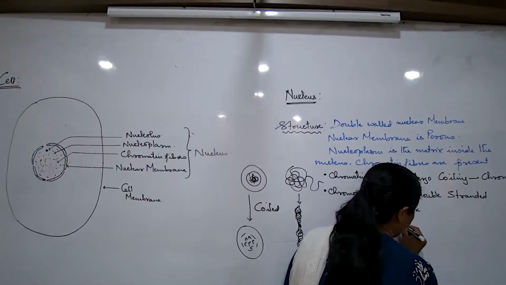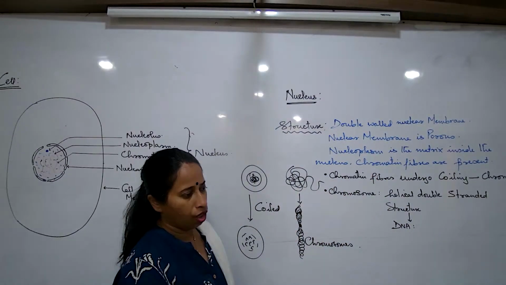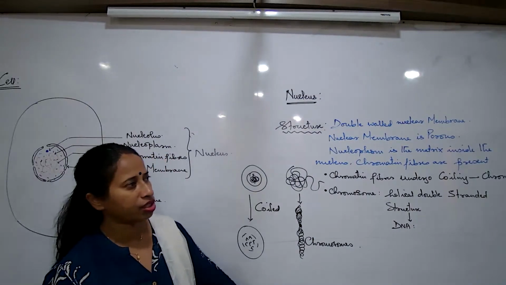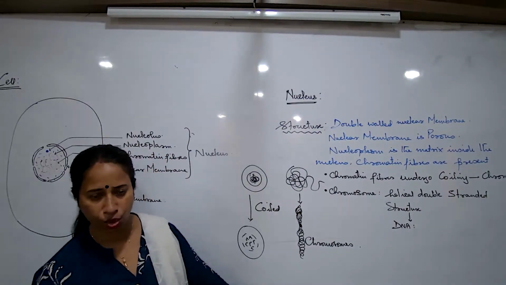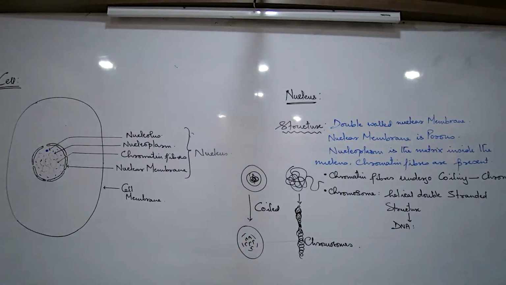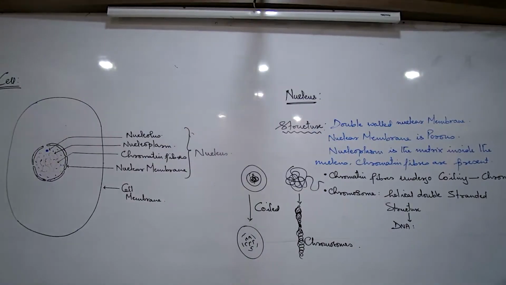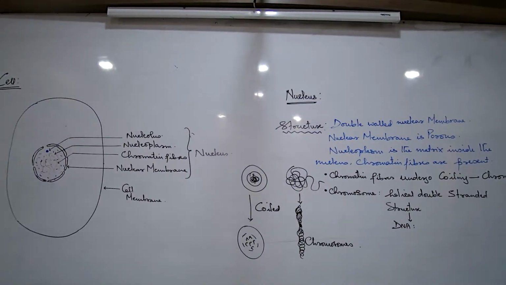This helical double-stranded structure is known as the DNA. So the chromosome and the DNA would be something like this, the DNA structure inside the chromosome. So we understand what the DNA is and the structure of the chromosome.